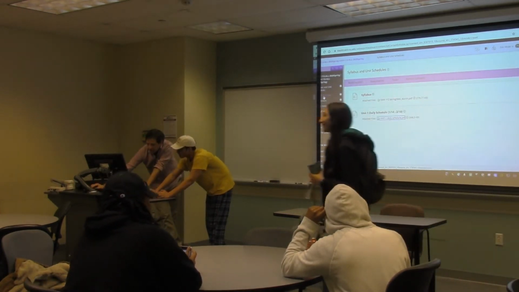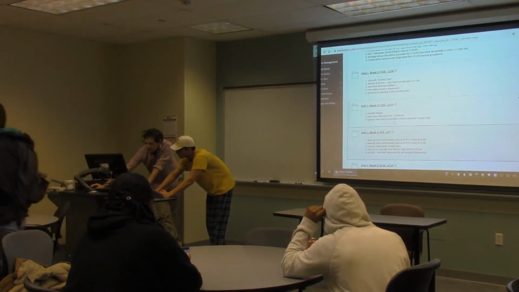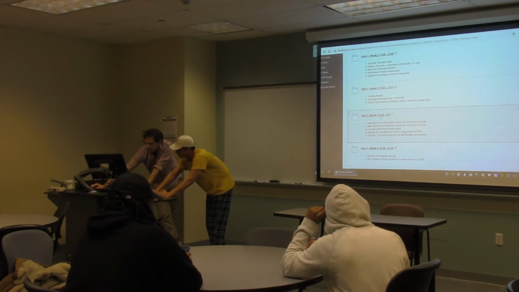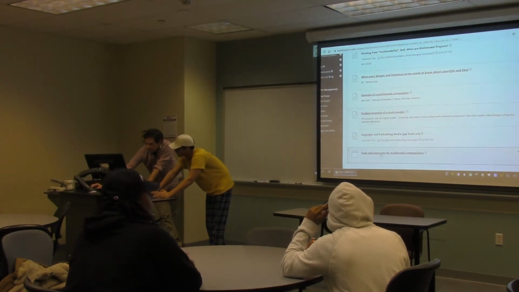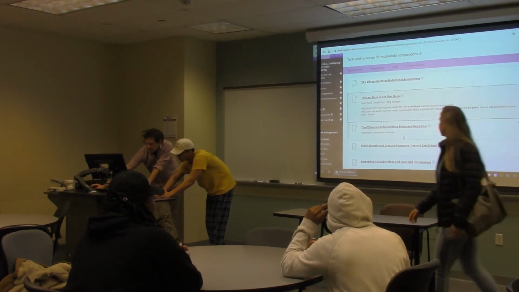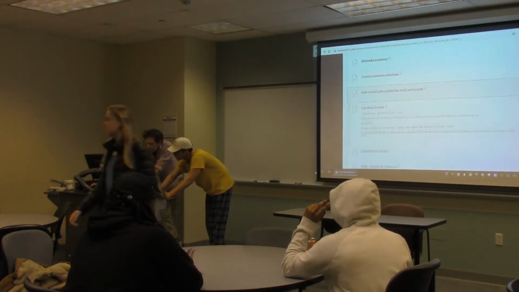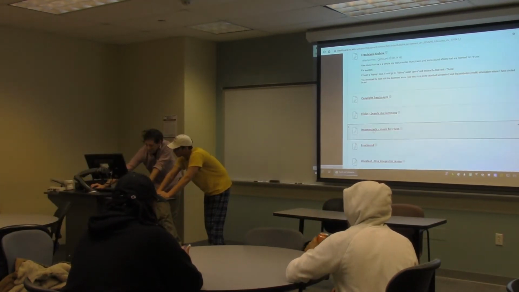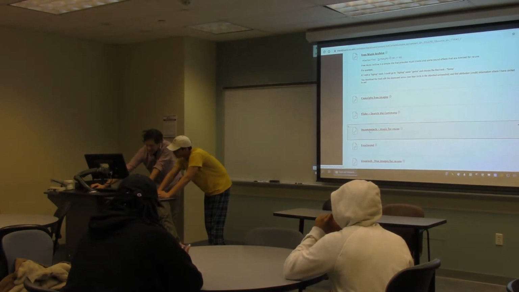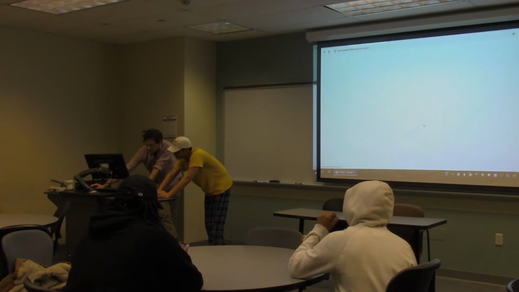If you go to our Blackboard page, for this folder, this bottom folder, I think this is the one we looked at in class. Yeah, because it makes it really easy to use.